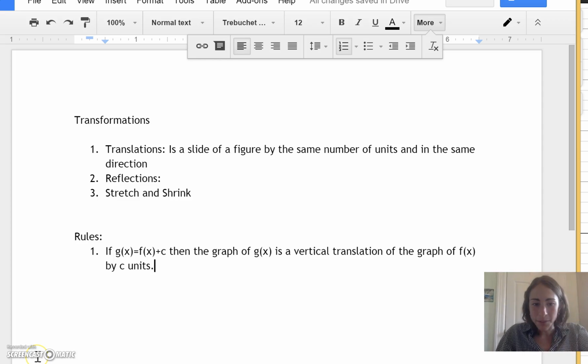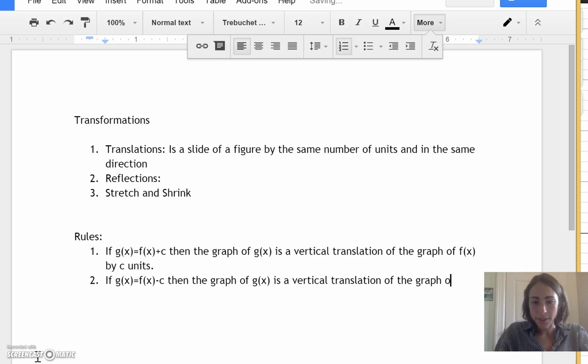So let's write that rule in. If g of x equals f of x minus c, then the graph of g of x is a vertical translation of the graph of f of x by c units downward. Here, it was upwards.